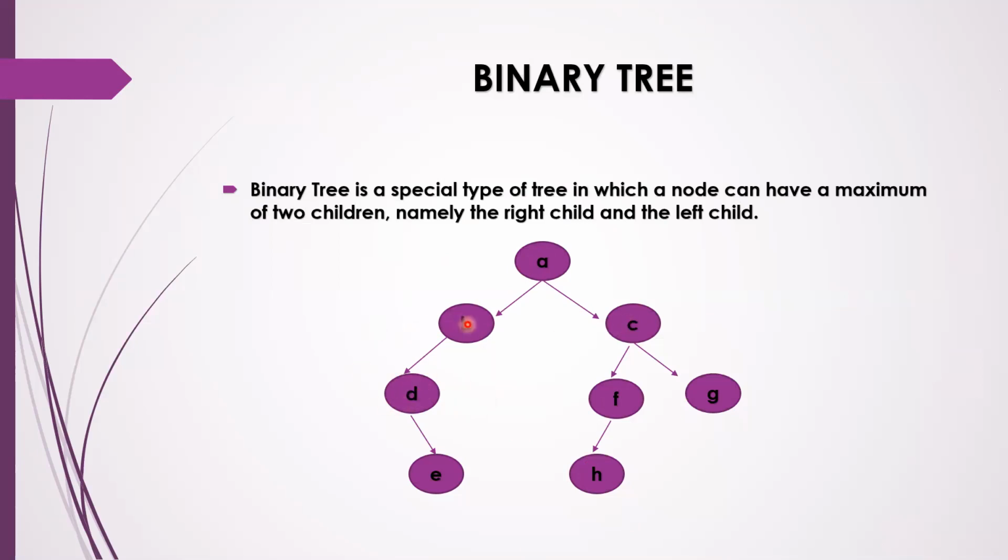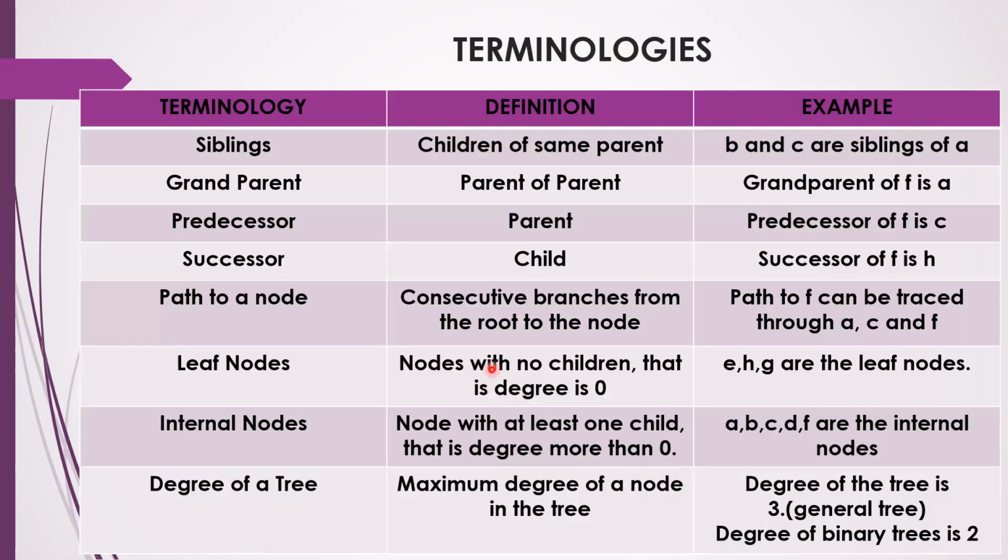D's parent or predecessor is B, D's grandparent is A, and D's successor is E. B's successor is D, C's parent is A, F's parent is C, F's grandparent is A, and F has a sibling G. F and G are siblings, and F's child is H. C is a parent node with children F and G, and F is a parent node with child H. H does not have any sibling. So this is about siblings, grandparent, predecessor, and successor.